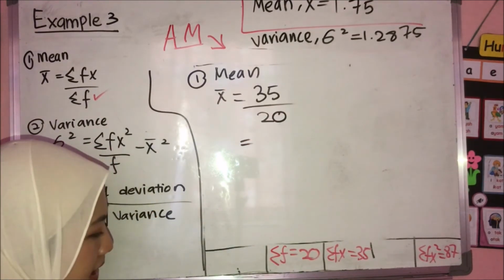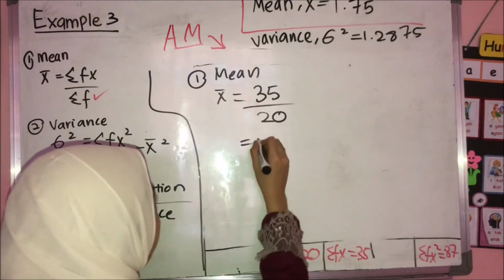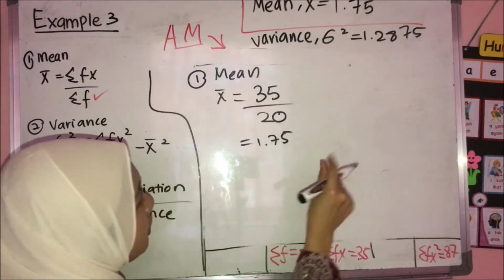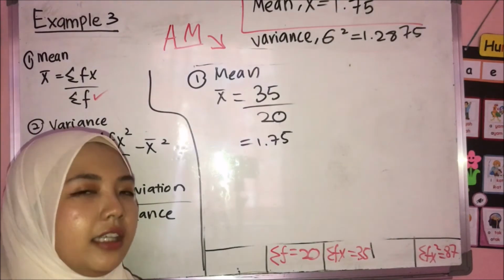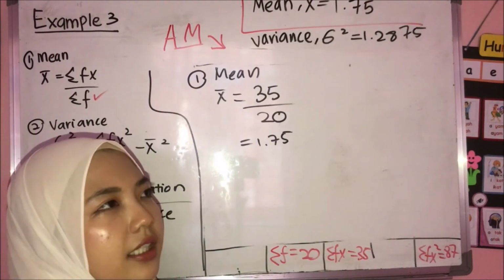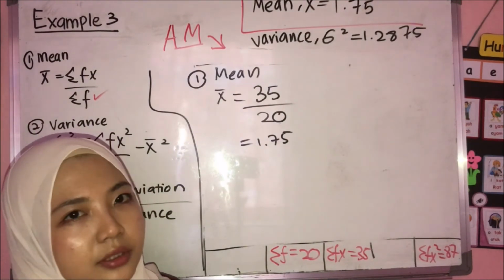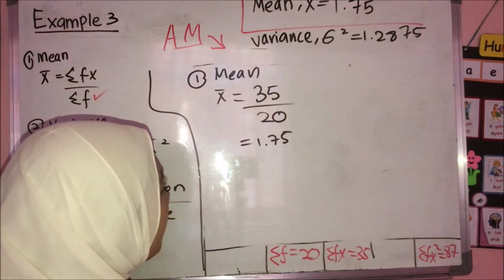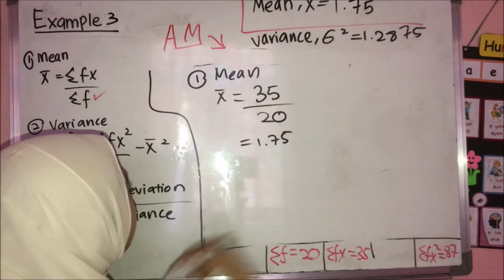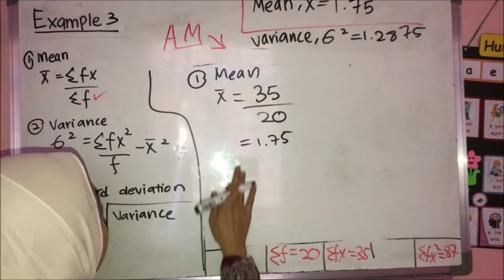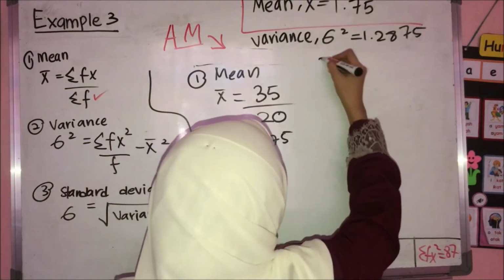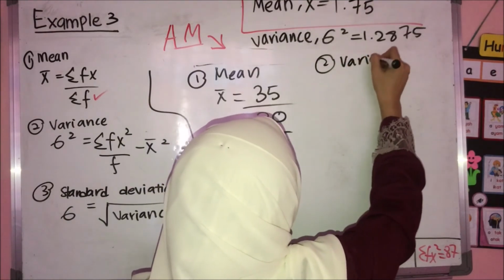And the mean is 1.75. This is also the same as the first method just now, right? You can use any method that you feel comfortable with. And then second is the variance.